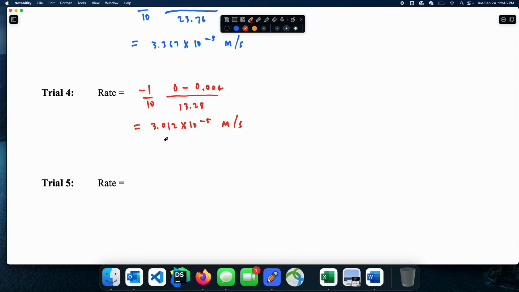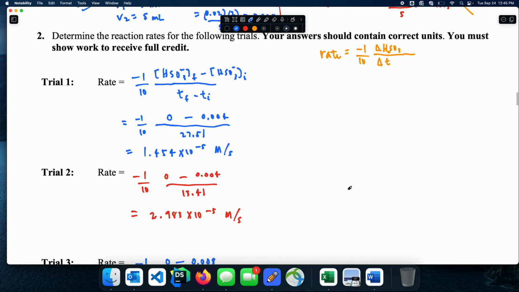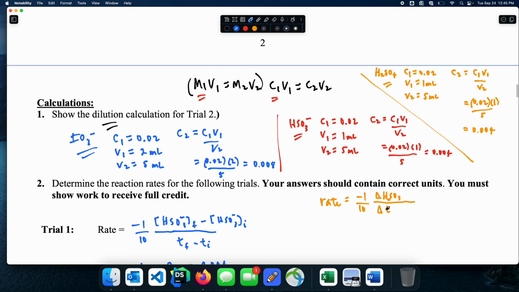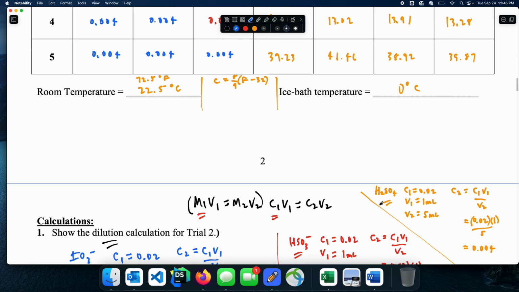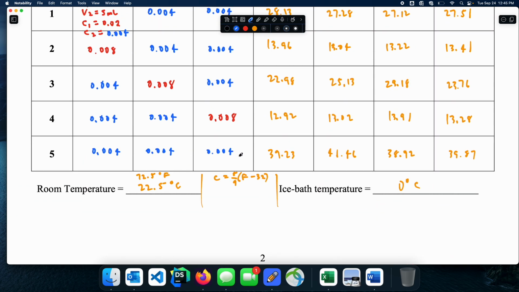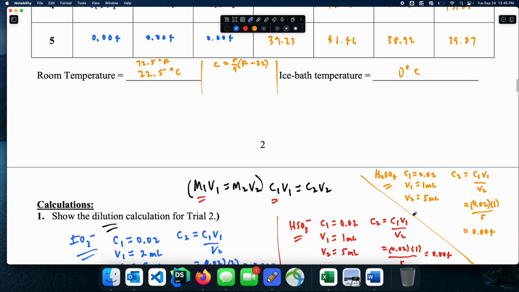Okay, and then we'll do the rate of the last one. Let's go back to blue, to trial 5, minus 1/10. Remember, the concentrations were all the same as trial 1, but the temperature was different, right? So let's go back up and look at this. Here's trial 5. They were all 0.004, and it was 39.87.